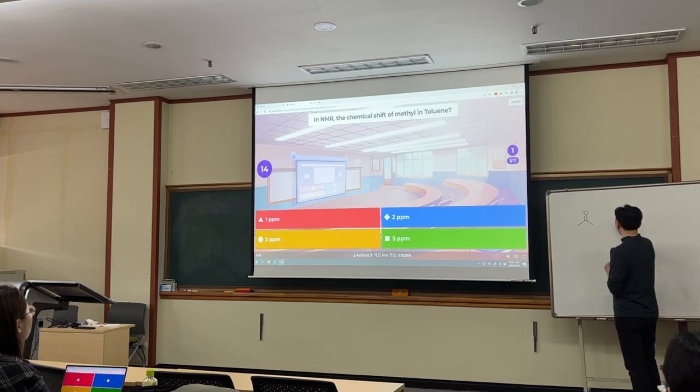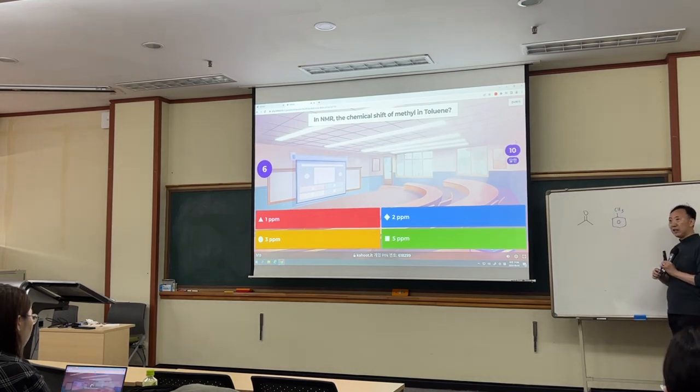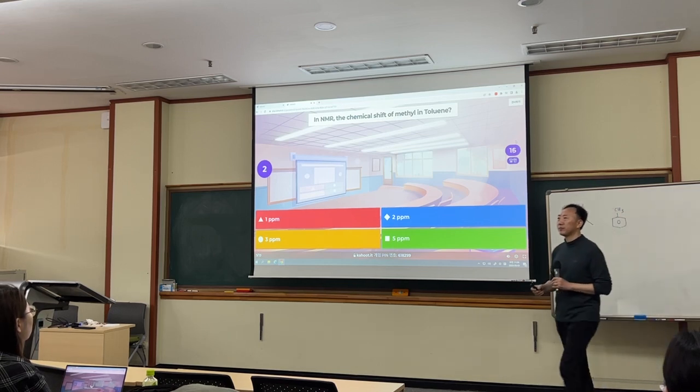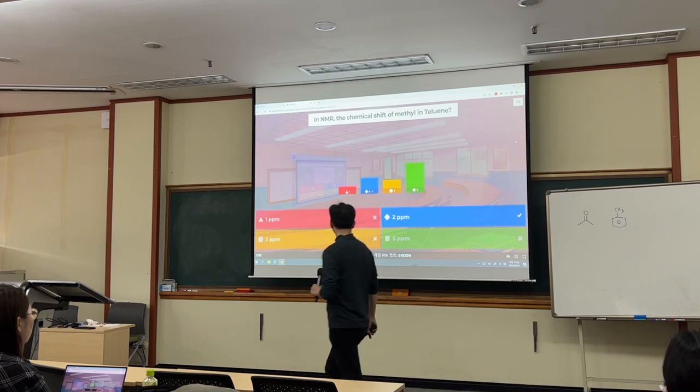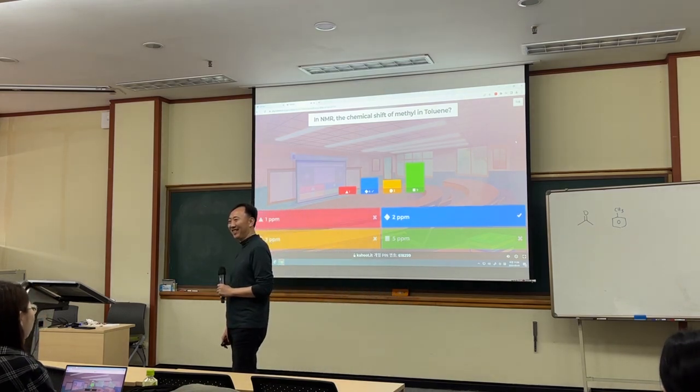Meta position. Alpha position과 같고, benzylic position 2 ppm.